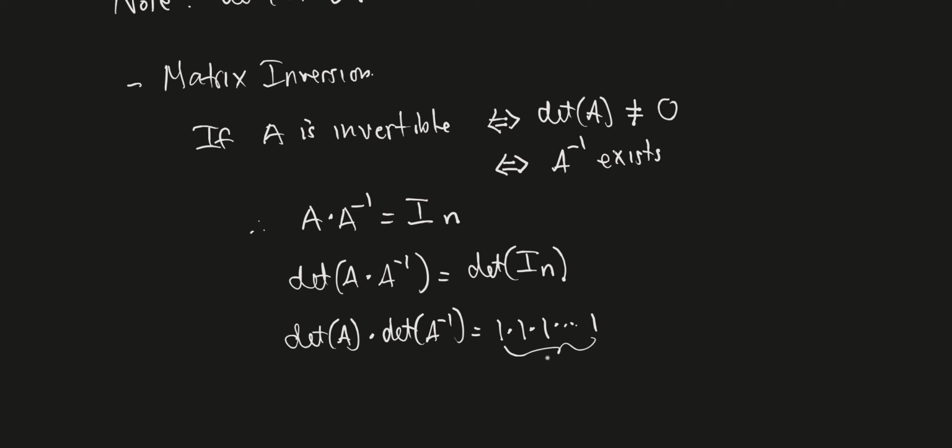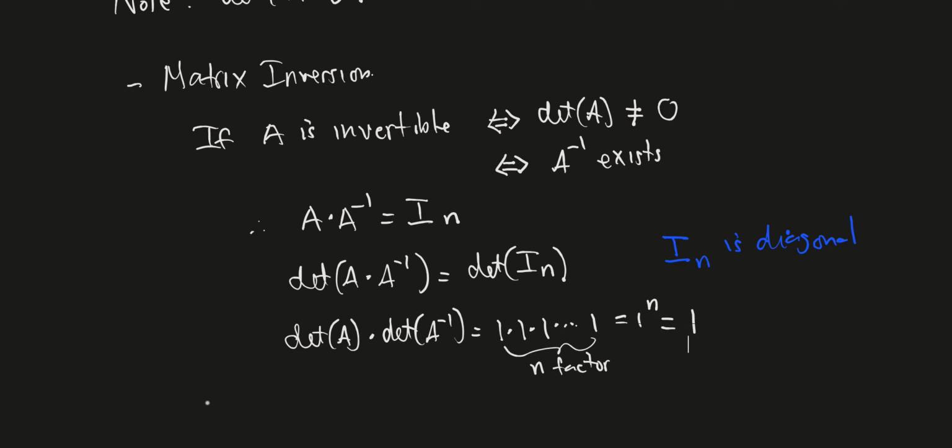And this would be n factors, right? And this is because the identity matrix is a triangular matrix. In fact, it's diagonal, right? So I_n is diagonal. And we have a property previously where we proved that the determinant of a triangular or diagonal matrix is simply the product of the elements on the main diagonal. So if I multiply all the ones together, I'm still going to have 1, right? So this is 1 to the n, which is 1.